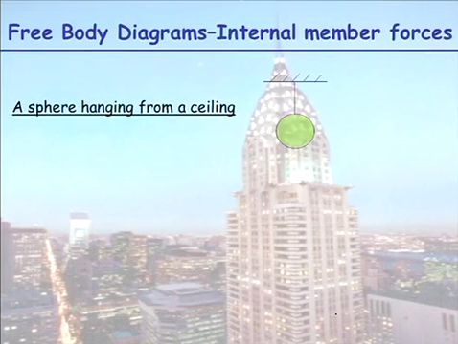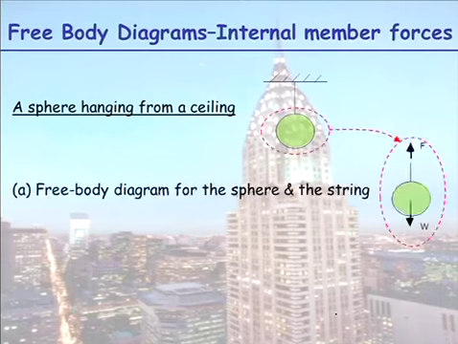A more simple example, a sphere hanging from a ceiling. We want to know what the force is in the cable. We just draw our closed loop boundary around it. We know the weight of our sphere, of our light shade or whatever it is hanging from the ceiling. We can work out the force in the cable holding it. And by knowing the force in the cable, we can then design our cable.